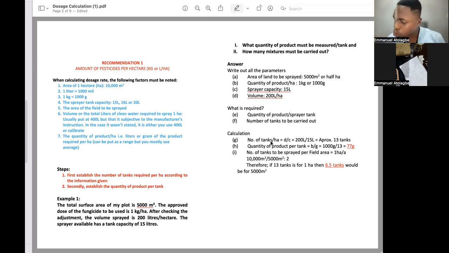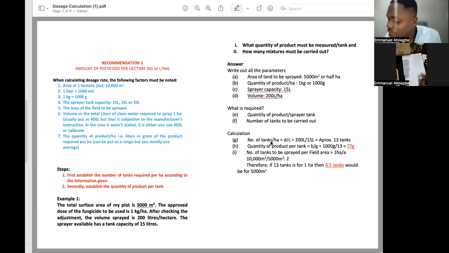So what you will just do is 1,000 grams divided by 13 will give you 77 grams.